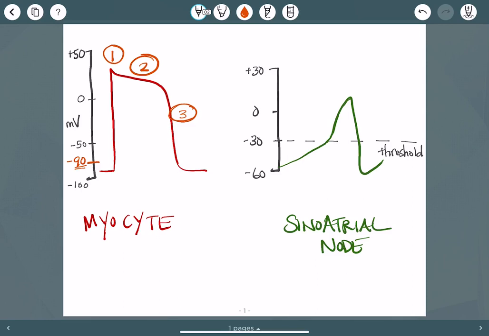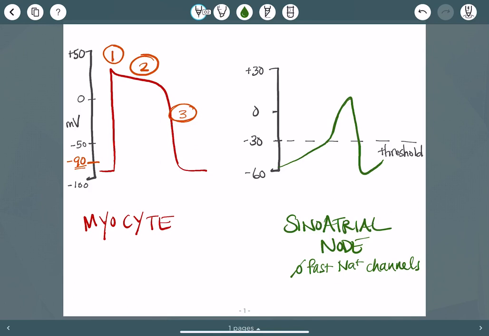On the right is the action potential of the sinoatrial node, the SA node. The SA node is a very important part of the heart because, as you probably already know, this is where we control our heart rate. What's interesting about the SA node is it does not have the fast sodium channels. So there are no fast sodium channels in the SA node.